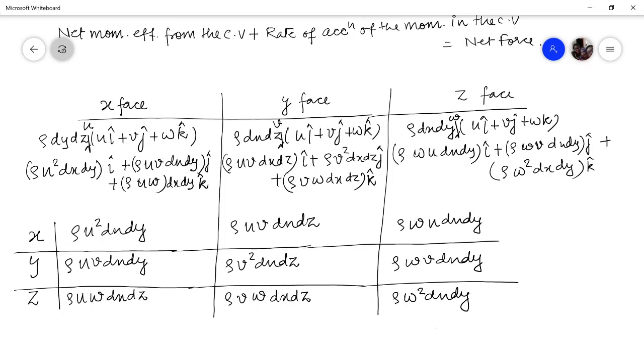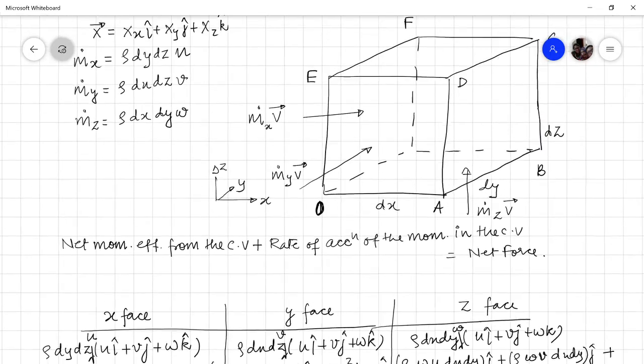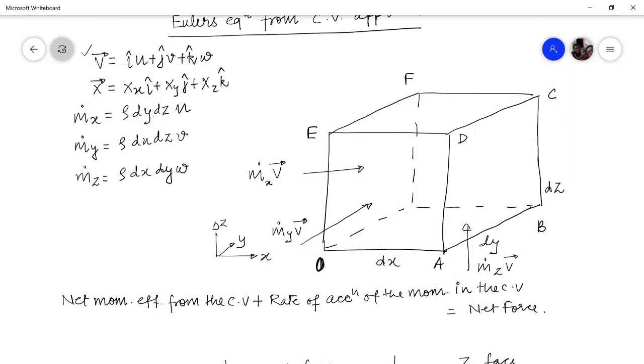So I will be focusing only on the x direction, and the rest will be very similar. If you look at this control volume, this is dy.